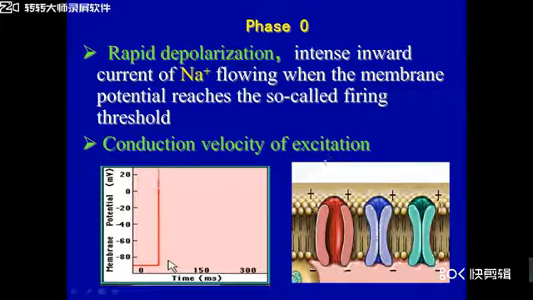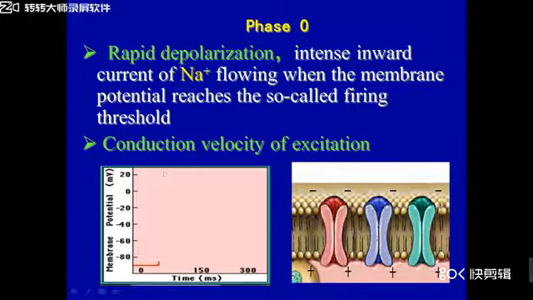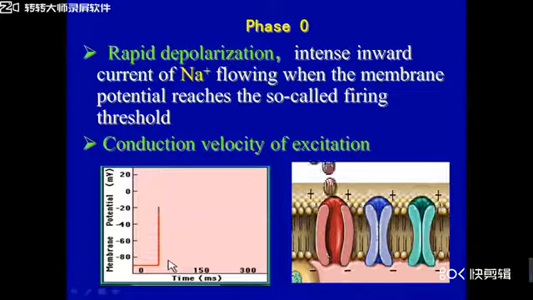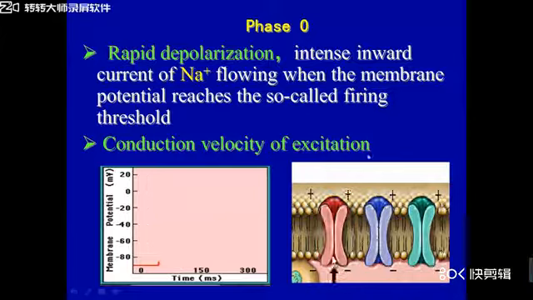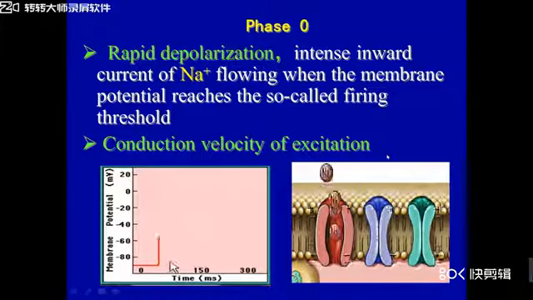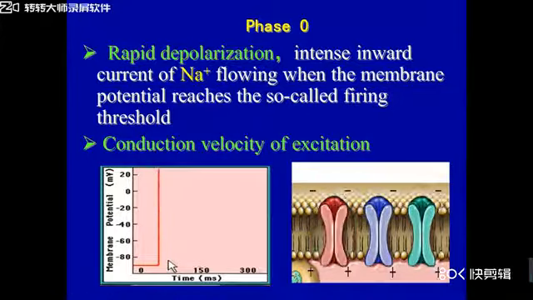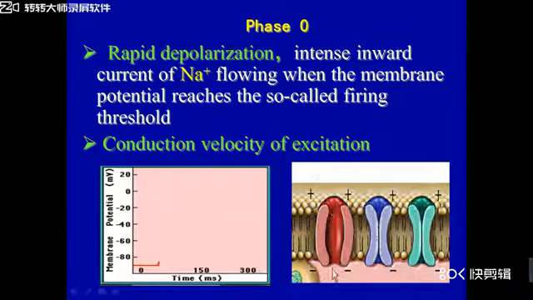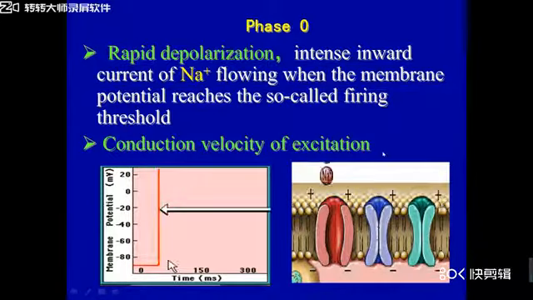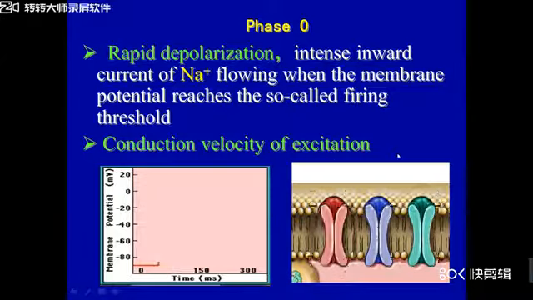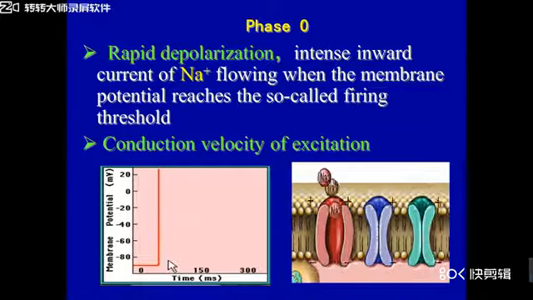We have explained that the sodium channel is the major channel in phase 0. So that means the sodium channel determines conduction velocity and excitation of cardiomyocytes. That also means if we can use some drugs to block the sodium channel, we inhibit conduction velocity and excitation of cardiomyocytes, which means reducing heart rate, and can be used to treat tachycardia.